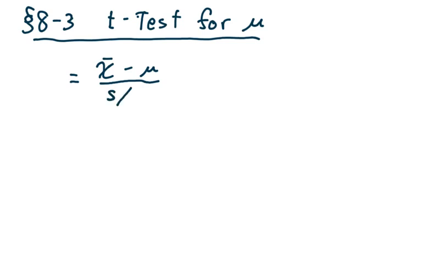So we only have that information from our sample. We still divide that sample standard deviation by the square root of the sample size.